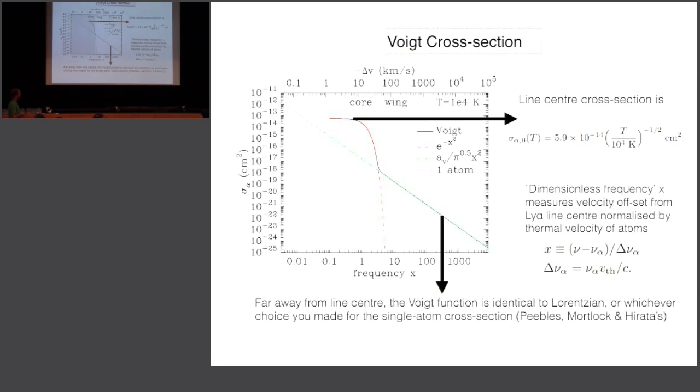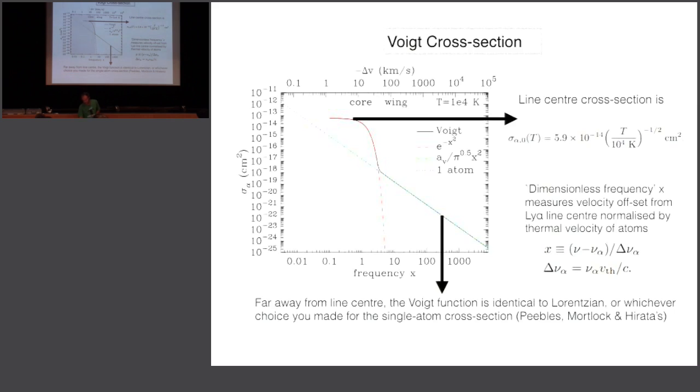As already shown, in the far wings of the line, the Voigt cross-section goes to the Lorentzian cross-section perfectly, right? So whatever corrections you want to make to the cross-section through quantum mechanics, these will also enter here in the Voigt, or whatever, the total cross-section. I'm going to call it Voigt profile anyway.